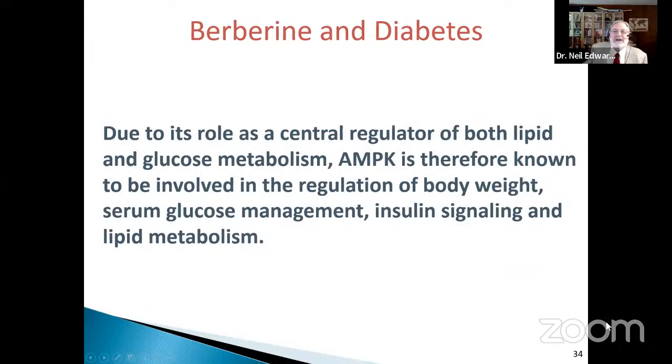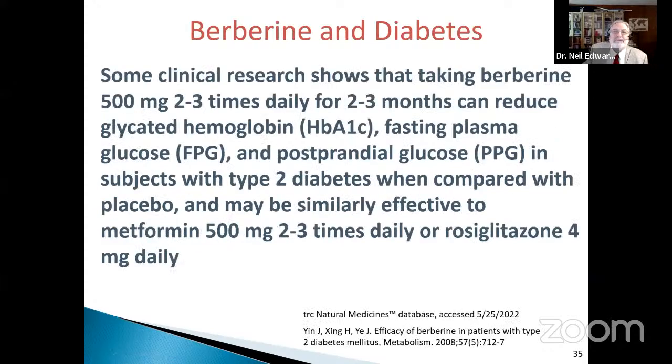So it's involved in regulating body weight, glucose management, insulin signaling, as well as lipid metabolism. Taking berberine 500 milligrams 2 to 3 times daily for 2 to 3 months can reduce hemoglobin A1C, fasting plasma glucose, and postprandial glucose in type 2 diabetics compared to placebo, and may be as effective as metformin or other similar drugs.